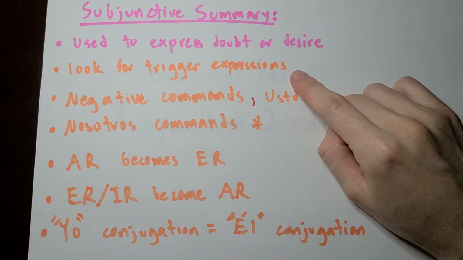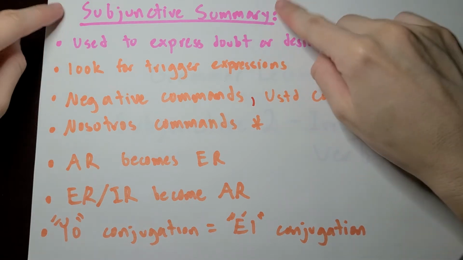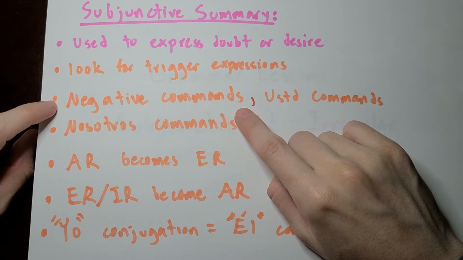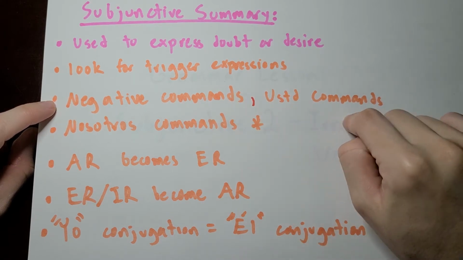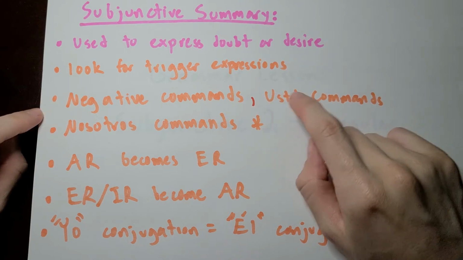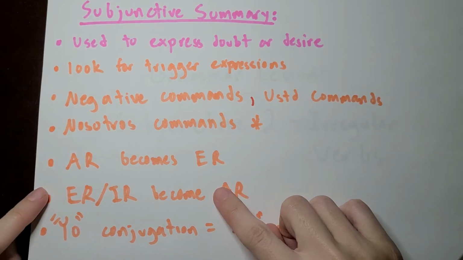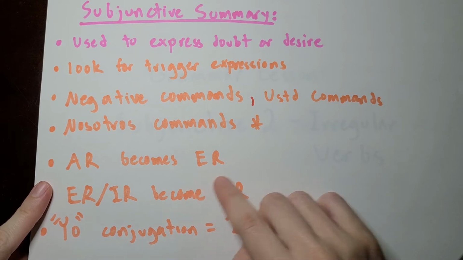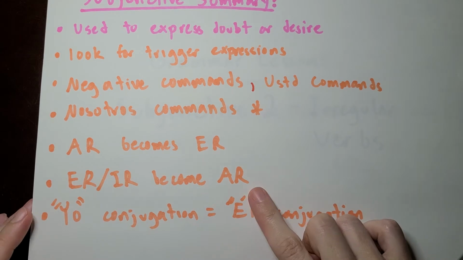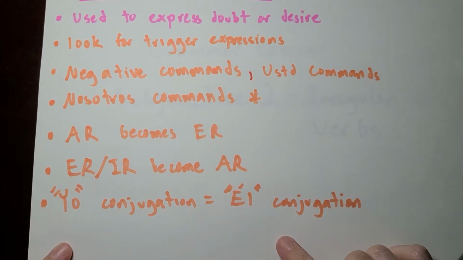The subjunctive form is identical to the form used in negative tú commands and usted commands, all positive and negative usted commands, and nosotros commands. So basically, your AR endings are going to become ER endings, and your ER-IR endings are going to become AR endings. And lastly, in the subjunctive form, the yo conjugation is identical to the él conjugation.